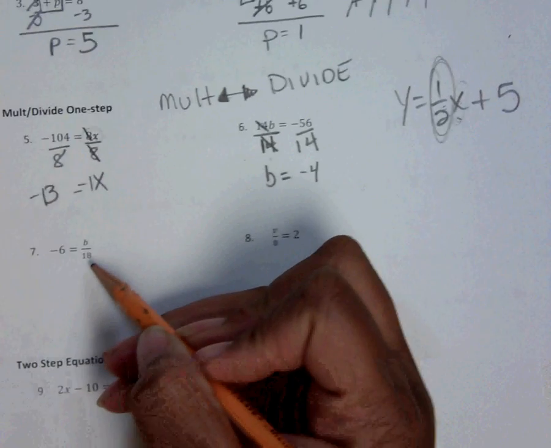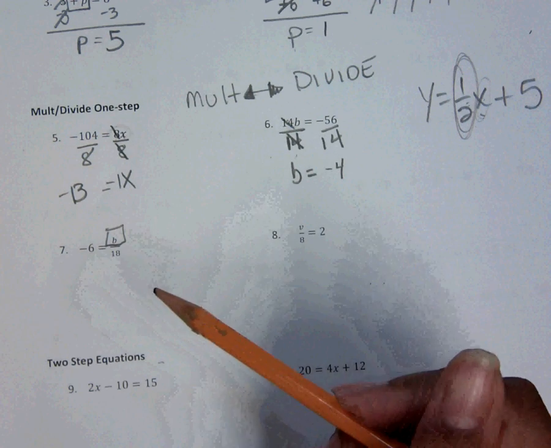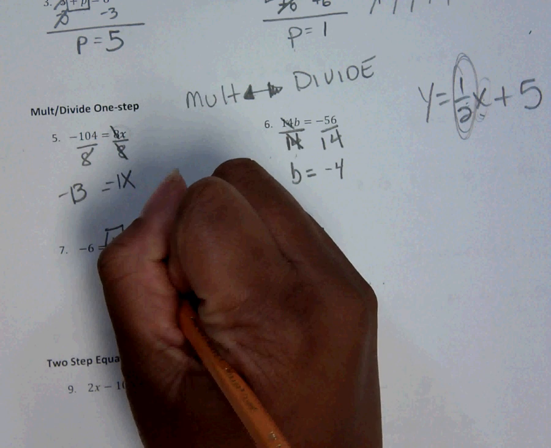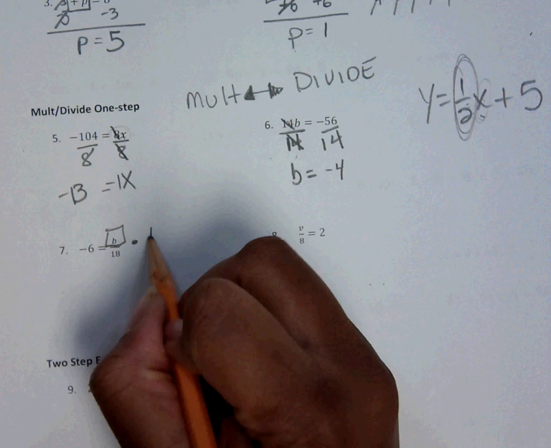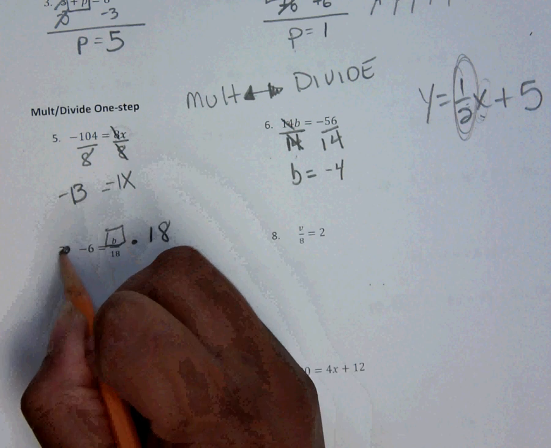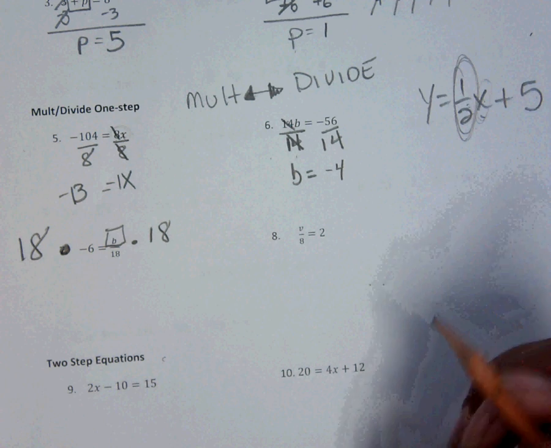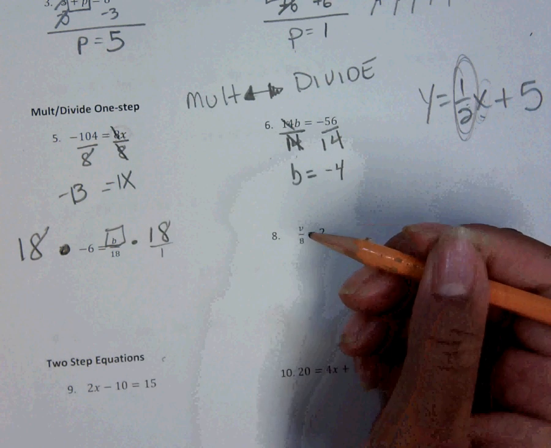Now let's do this one. Well, my letter is here, and I want to isolate him. So how do I do that? To isolate this, you are going to multiply, because that's divided. Remember, fractions are division problems. So you're going to multiply by 18. And what you do to one side, you have to do to the other. Now, what does that do? Because this is really 18 over 1.